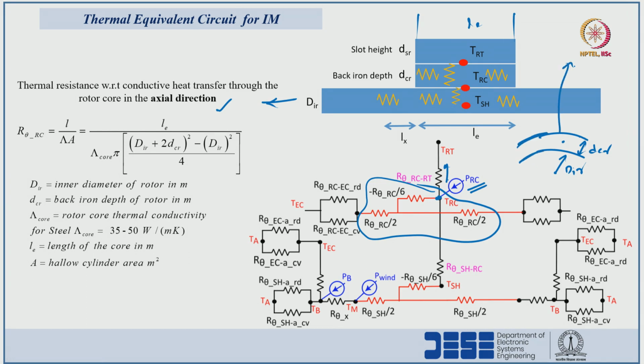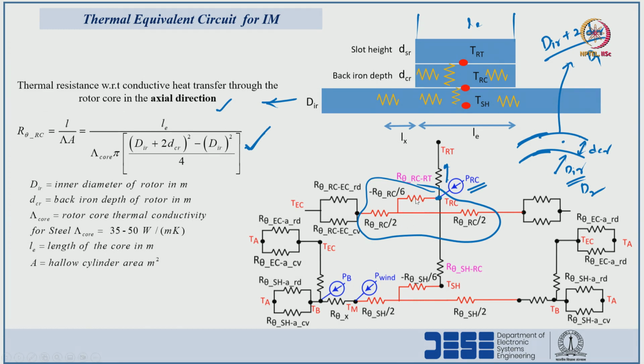For this thing, dir plus 2 into dcr; for the inner circle it will be dir. So, the hollow cylinder area we can calculate as pi times d1 square minus d2 square divided by 4, where d1 is nothing but this thing and d2 is nothing but dir. So, based upon the hollow cylinder area we can calculate the thermal resistance offered by the rotor core in axial direction.